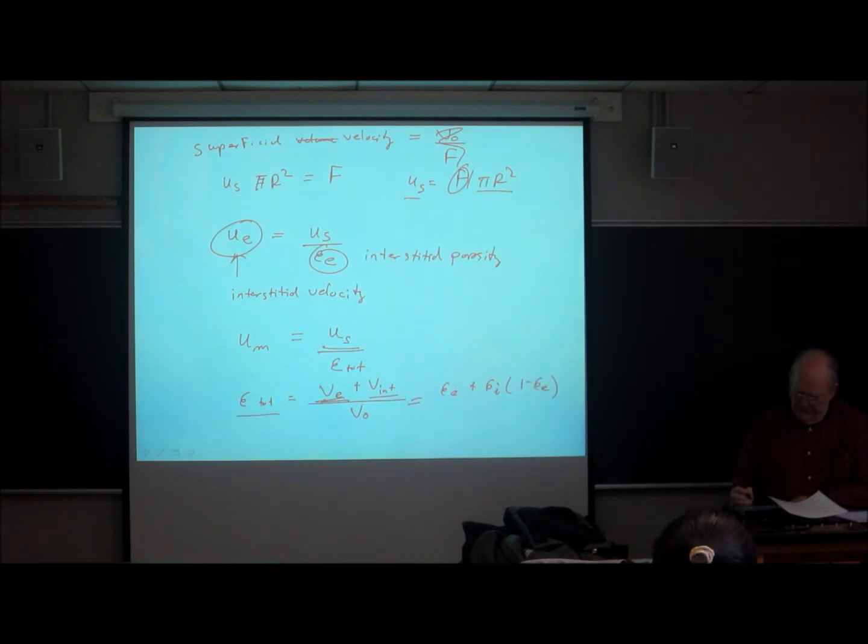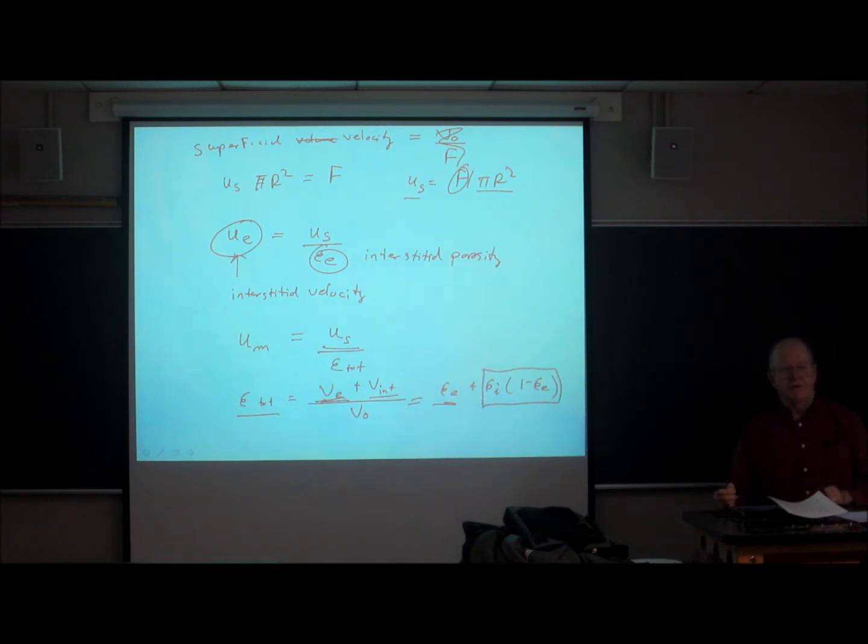So the total porosity is the porosity outside the particles plus the net porosity of the particles and the volume that they occupy. Now, if you have non-porous particles, the internal porosity is 0.